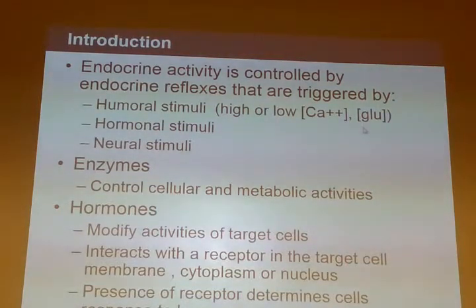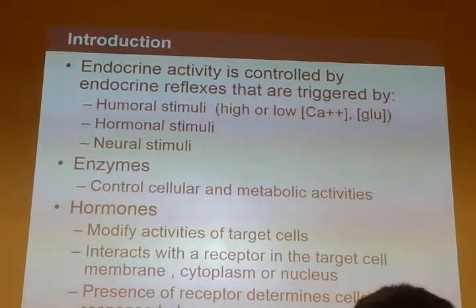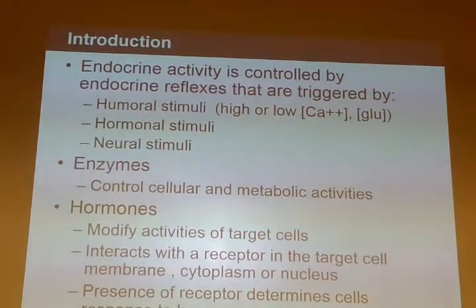Insulin is a hormone that responds to high glucose concentrations, but glucagon is a hormone that responds to low glucose concentration. So there'll be different stimuli, and sometimes you have hormones that are antagonistic to each other. So one will respond to something when it's high, and another one will respond when it's low.